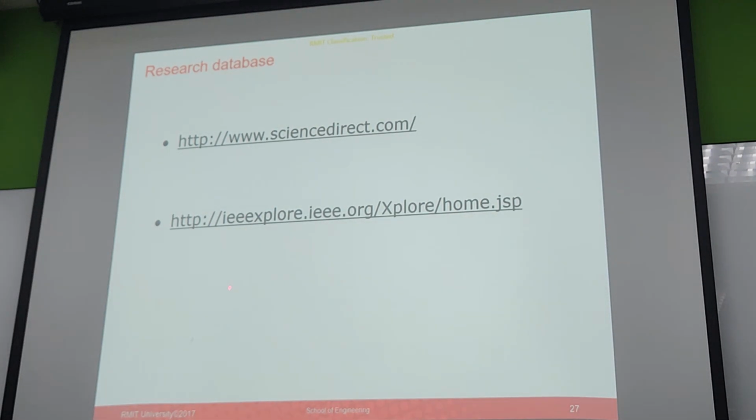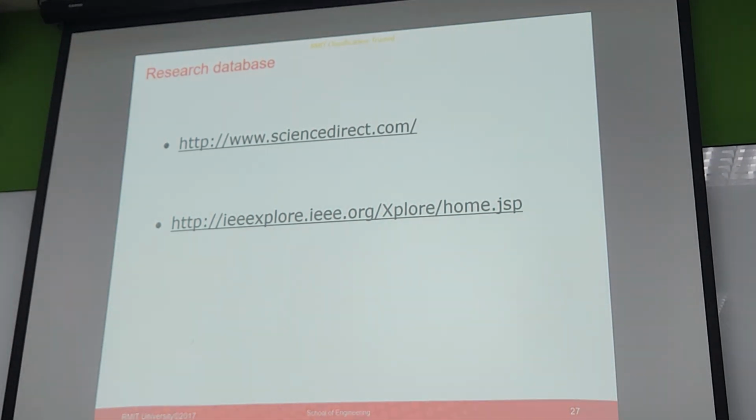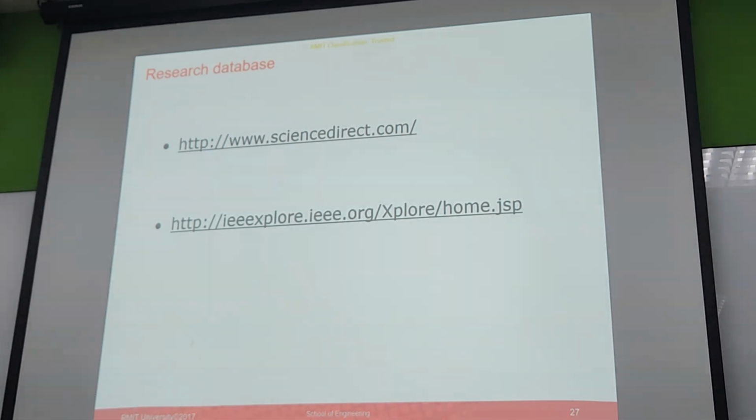Some of the databases I'm writing for you: Science Direct, www.sciencedirect.com, is very useful for finding literature reviews, or you go to IEEE Xplore, and you can see a lot of journal papers, books, textbooks. What's the benefit of that? It tells us about the latest information, research, methods and design.